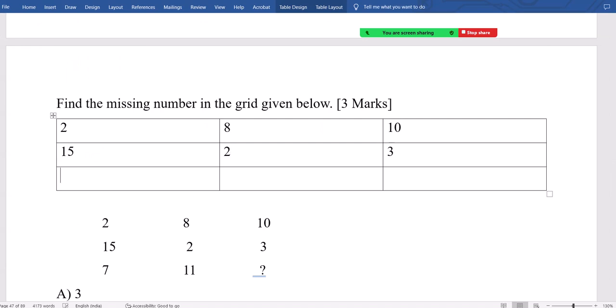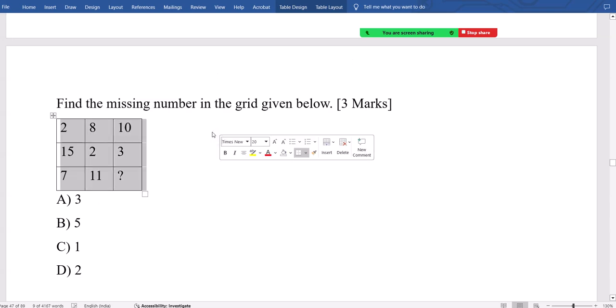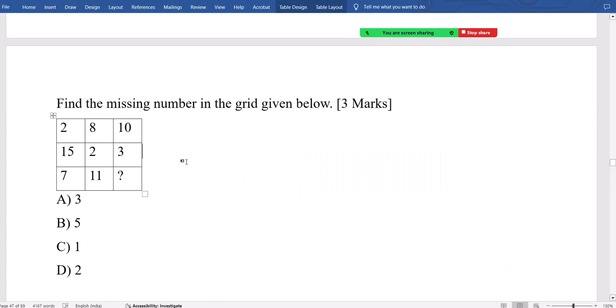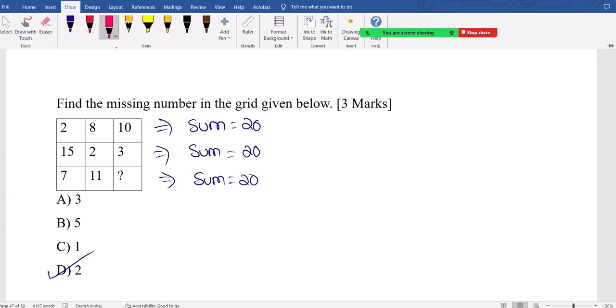Answer 2. Manasa, superb. Excellent. See, if you just try sum of digits here is 20. Sum of that is 20. Here also sum is equal to 20. Here also you can understand sum must be equal to 20. If you want to satisfy that, this question mark must be 2.